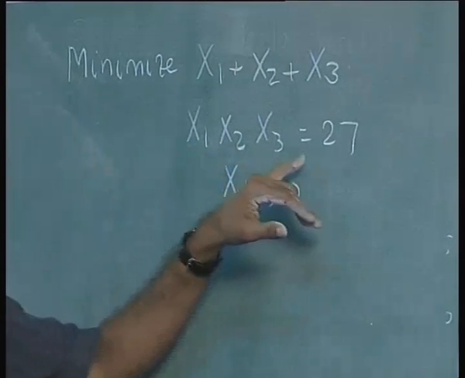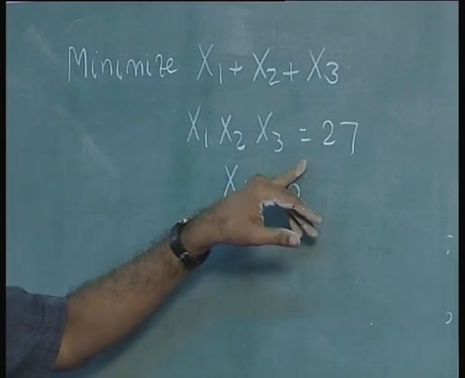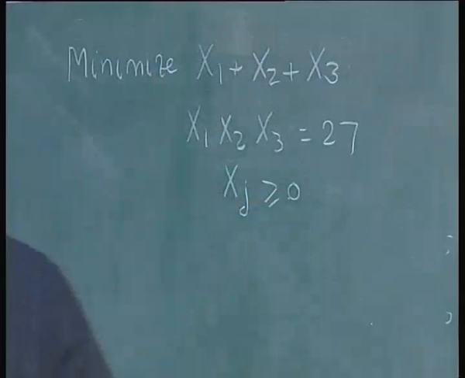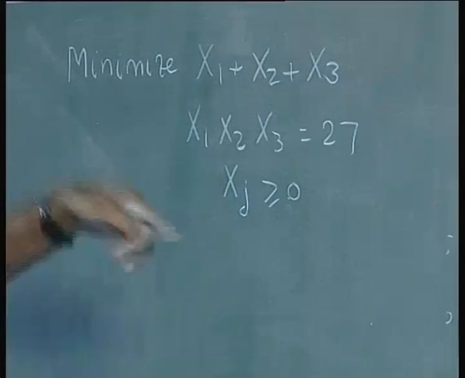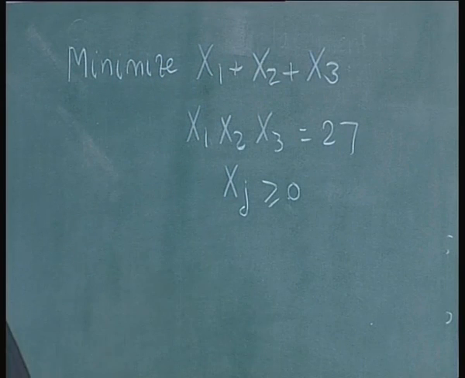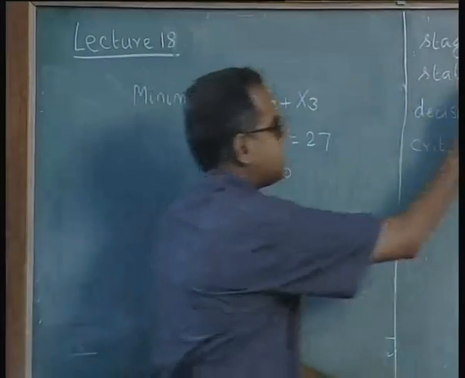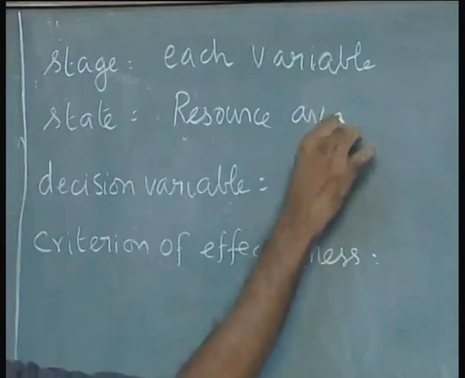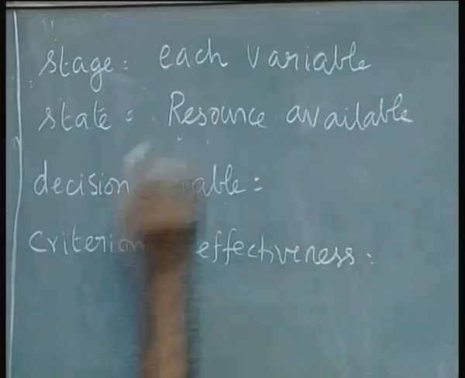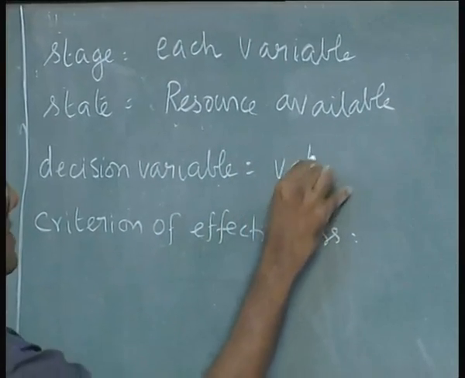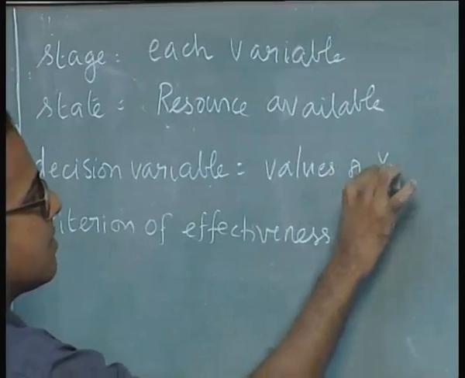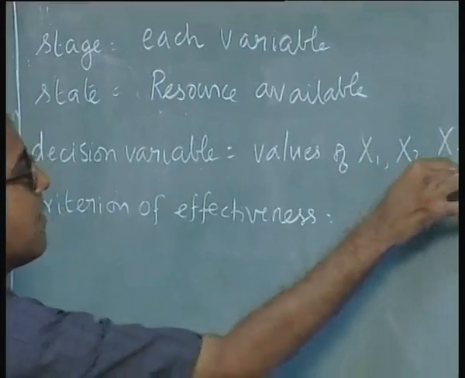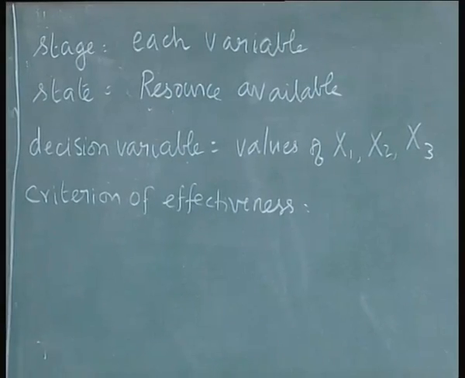There is a single constraint. We do not know what this constraint physically represents. In all the 3 earlier examples, we knew there was some physical entity associated with the problem, like the age of the machine, or the money that is available, or the city from which the person moves. Here we do not know what this constraint is, so we simply say that the state variable is a resource available. Decision variables are the values of x1, x2, x3, and the criterion of effectiveness is to minimize z.